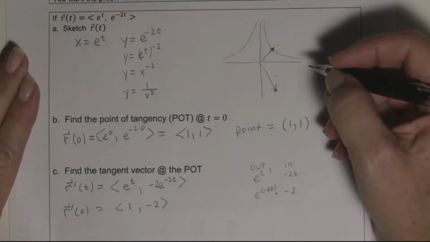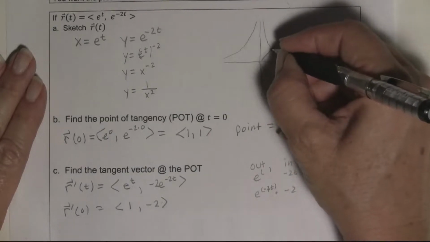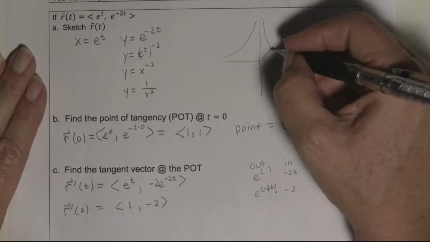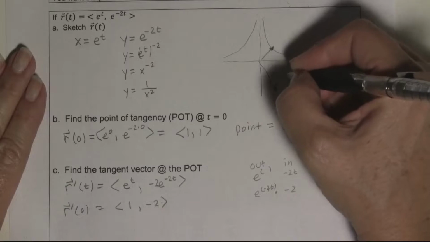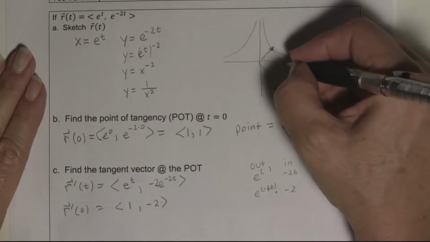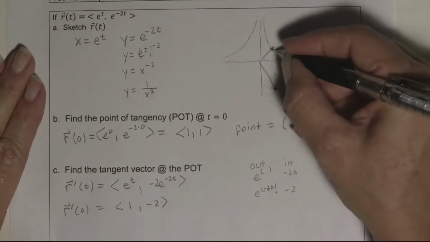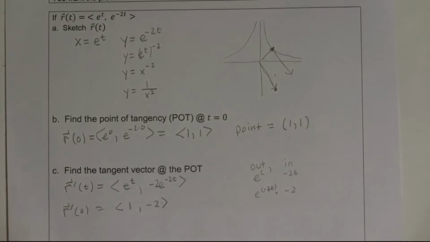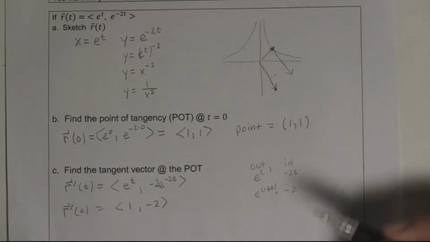So if I wanted to move this vector so that it's right here at this point, over 1 and down 2, so parallel, right here. I'm trying to draw this same vector right here. And there, you can see that it looks pretty tangent right there.